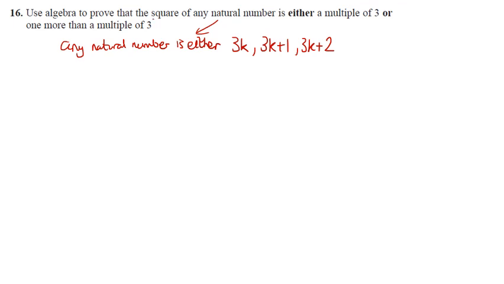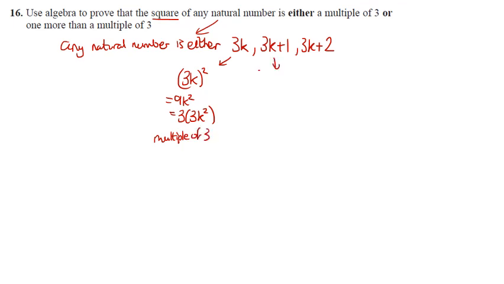So if we square each of these, what do we get? 3k squared, that's 9k squared, and that's a multiple of 3, because that's 3 times 3k squared. So that's a multiple of 3.